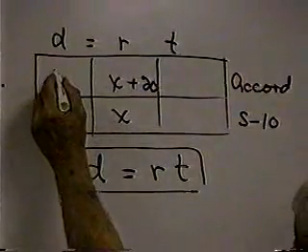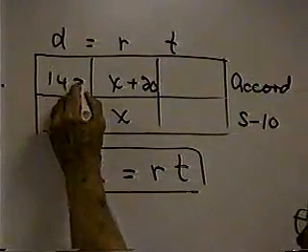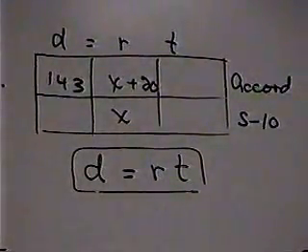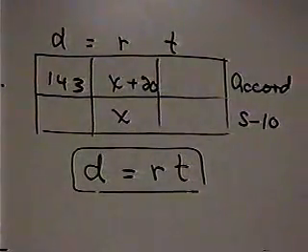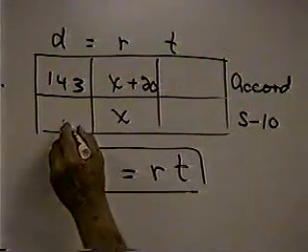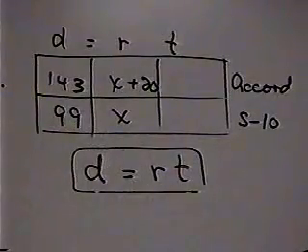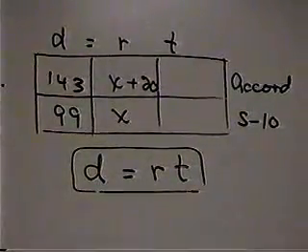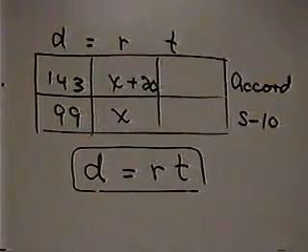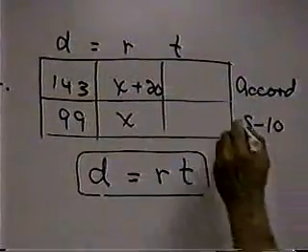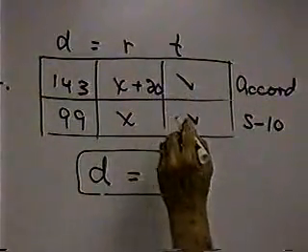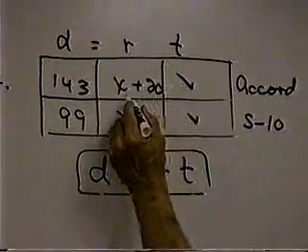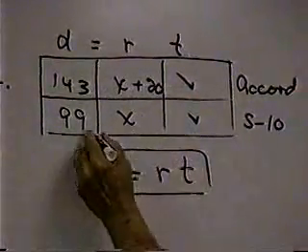So this one travels 143 miles in the same time that this travels 99 miles. Then what that says is that this is equal to this.